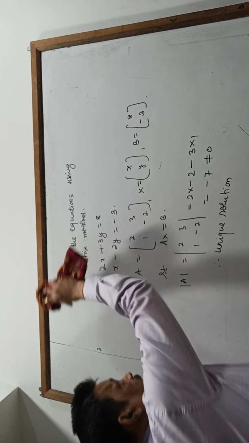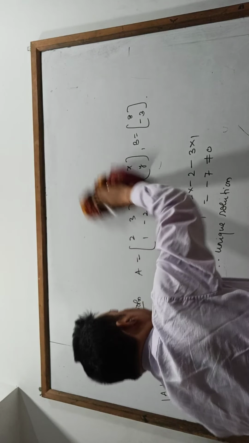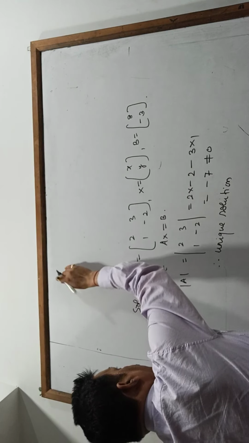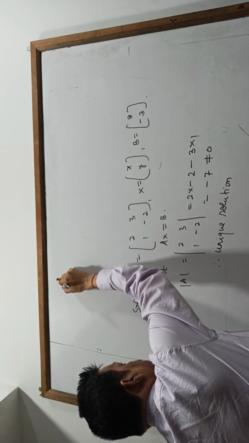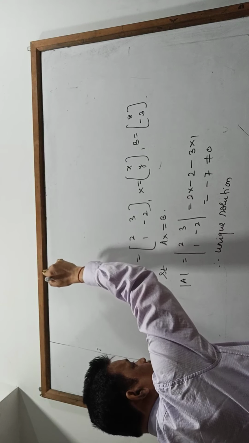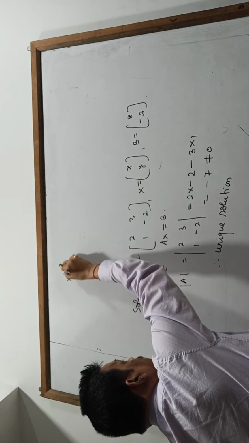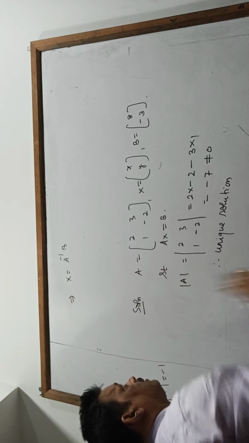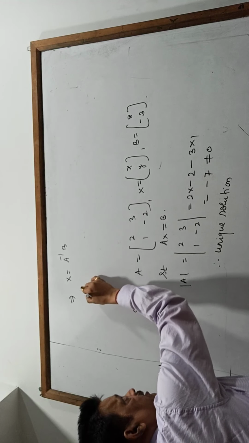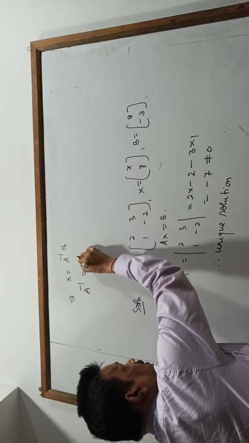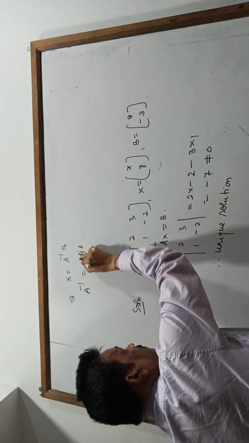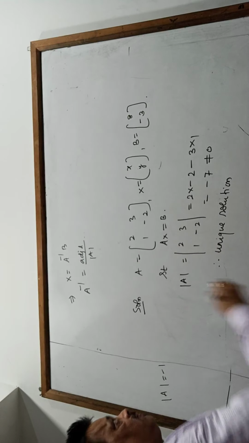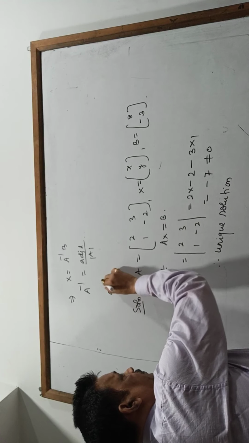Then you write X equals to A inverse B. Okay, what is A inverse? Adjoint of A by determinant of A. Okay, what is adjoint of A?